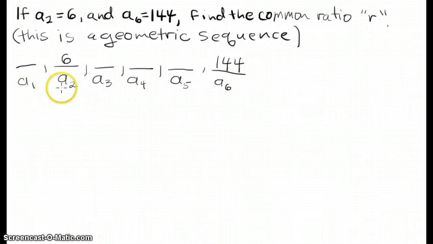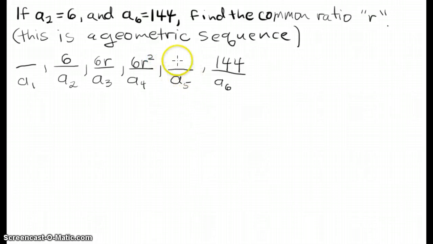So we know that we can write that in just like this. So A3 is going to equal the second term, or 6, times r. We don't know what r is yet, so we'll leave it a variable. And then A4 is going to be the second term, but we'd have to multiply it by r twice to get A4. So this would be like 6r squared.